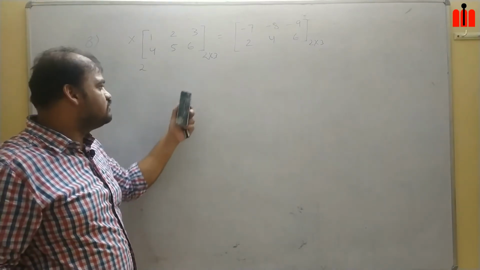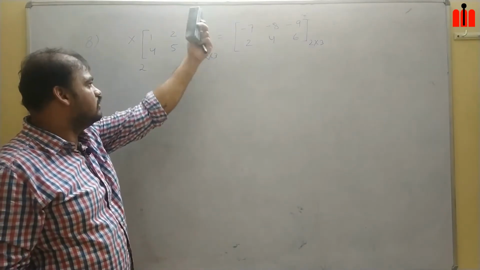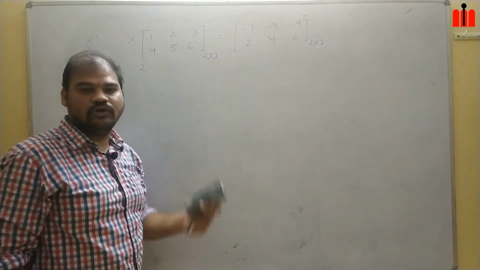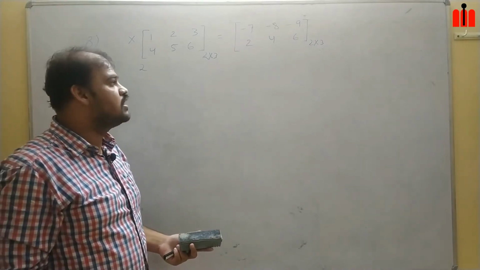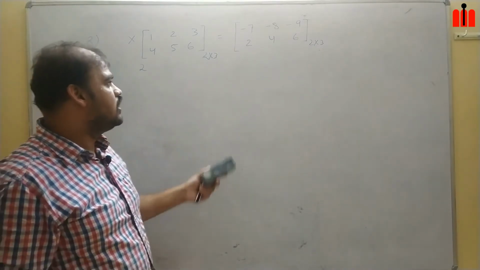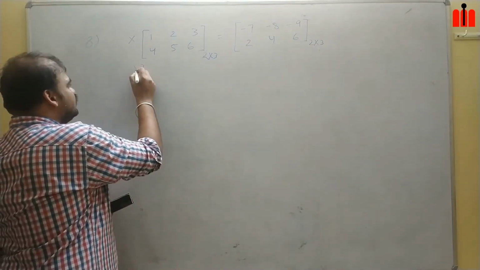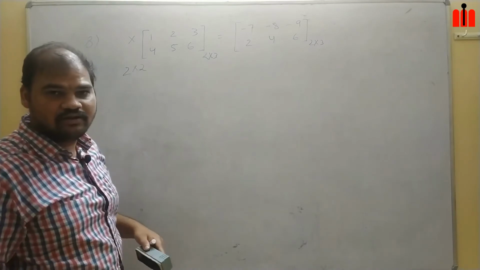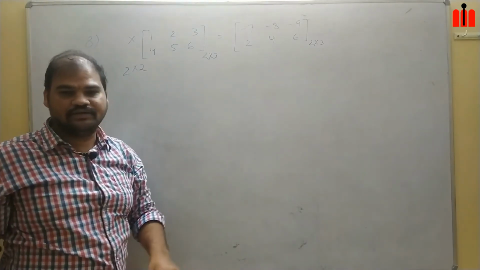X should have 2 columns, which is equal to the number of rows of the other matrix it is going to multiply. So how many rows should it have? The resultant is 2 by 3, so it should also have 2 rows as well. Then you will get 2 by 3 as the resultant.